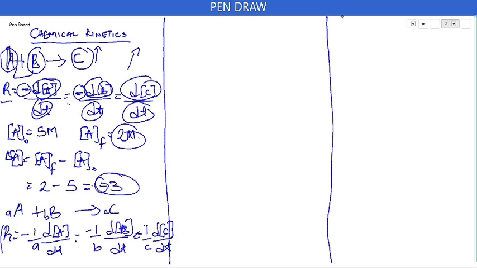Now, how do we use this formula? Let's see a question like this.